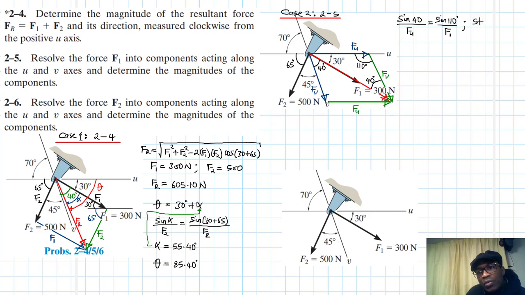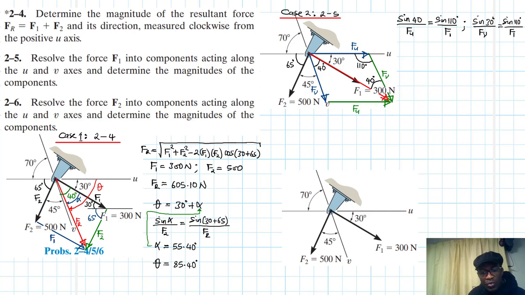Then another one will be sine 30 divided by Fv equal to sine 110 divided by F1.